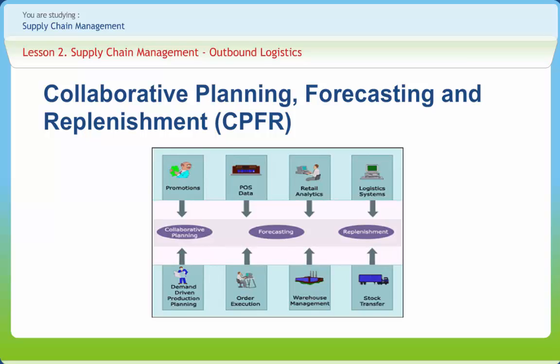It is a business practice that combines the intelligence of multiple trading partners in the planning and fulfillment of customer demand. CPFR links sales and marketing best practices to supply chain planning and execution processes. The objective is to increase availability to the customer while reducing inventory, transportation, and logistics costs.